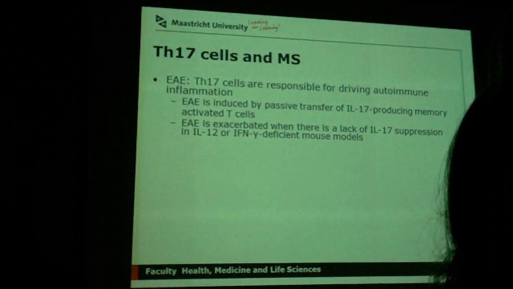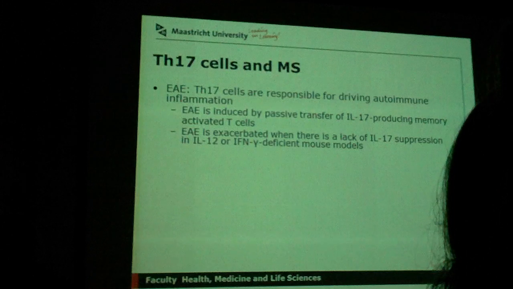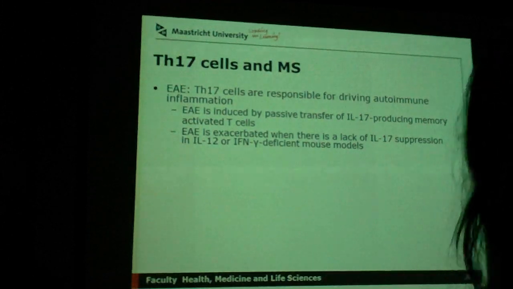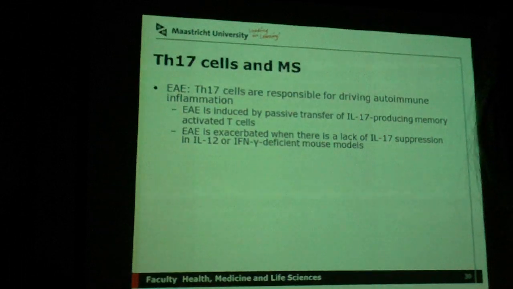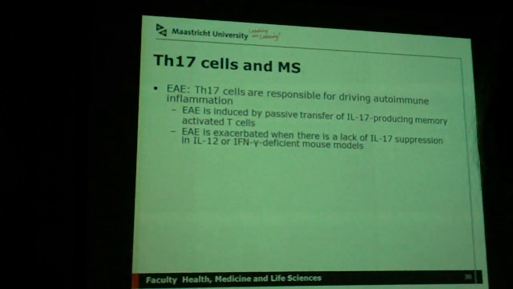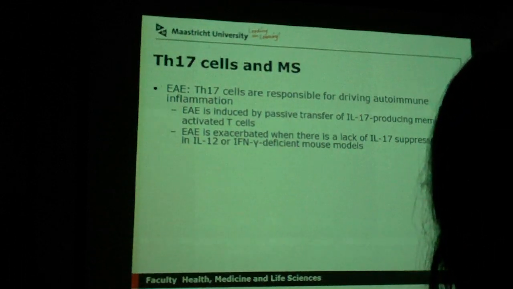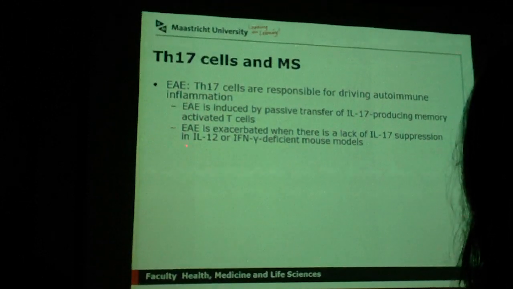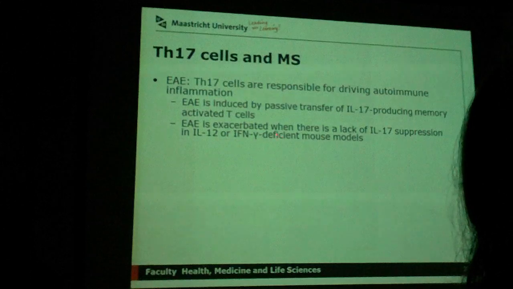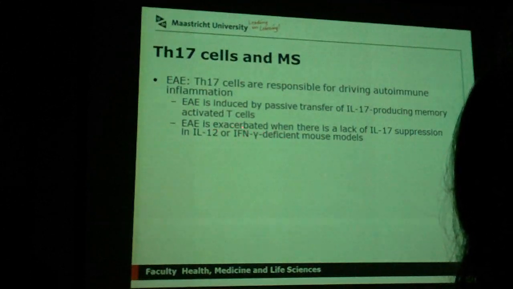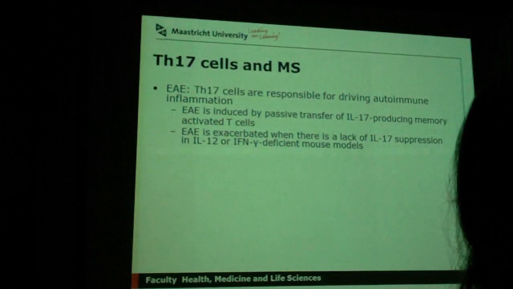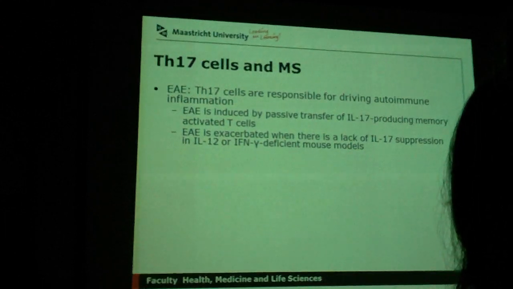So that was really strange, because in that time, if it's a Th1 disease, you expect, if you knock out interferon gamma, that the disease is mild. And later on, it was found indeed that it's not, it's more a Th17 disease. And if you knock out interferon gamma, you take away the brake of IL-17 production. So interferon gamma can suppress Th17 responses.